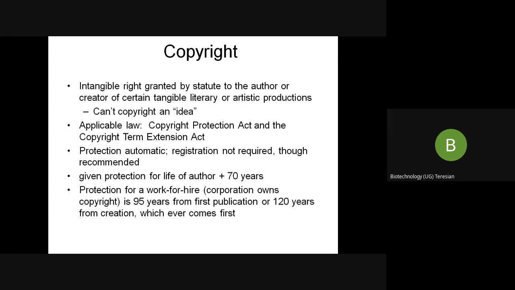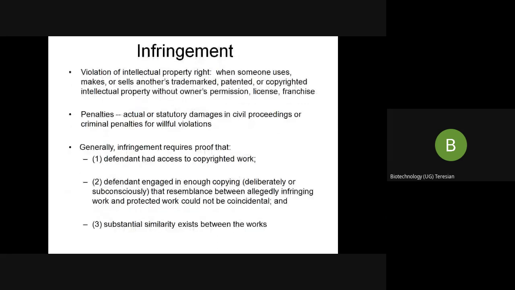And it can be for 95 years from the first publication or 120 years from the creation, whichever comes first. So infringement, as I told you, is a violation of the intellectual property right when someone uses, makes or sells another's trademarked, patented or copyrighted intellectual property without the owner's permission, license or franchise.